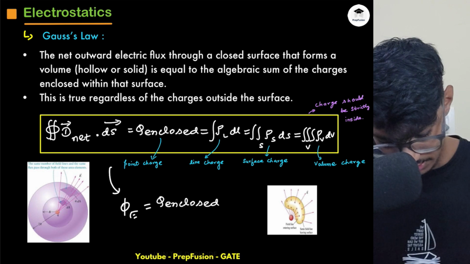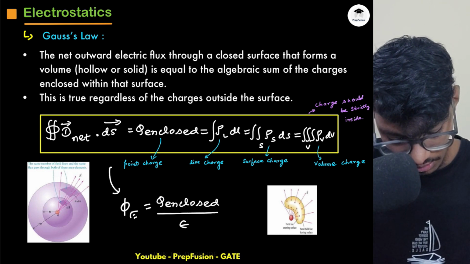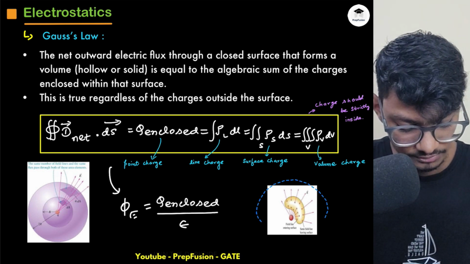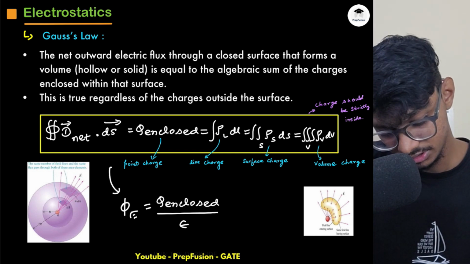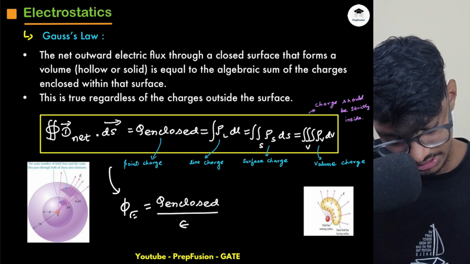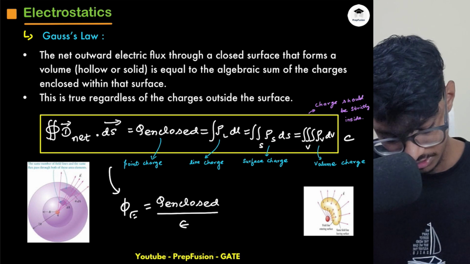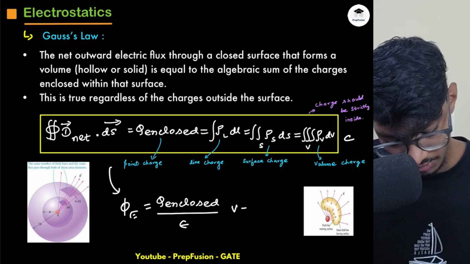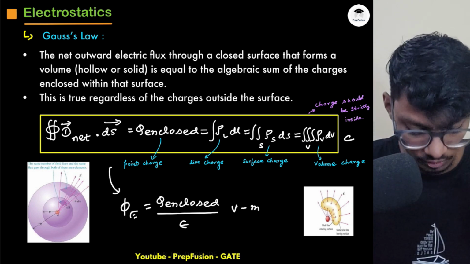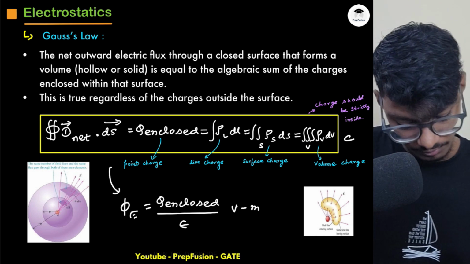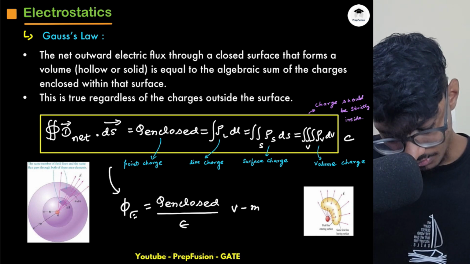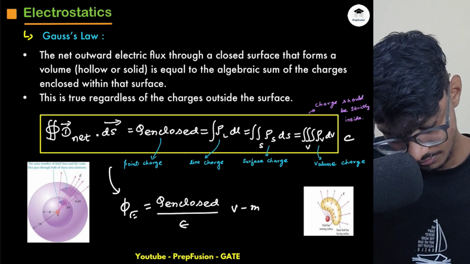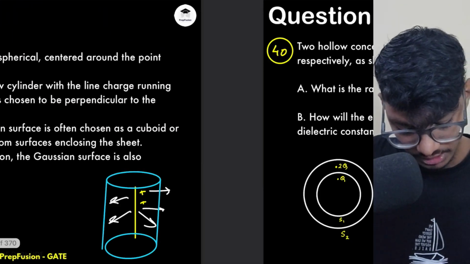This is in terms of electric field intensity, and that was in terms of electric flux density. So this has units of coulombs, and this has units of voltmeter. Just take a note of this. This is also another unit of flux.